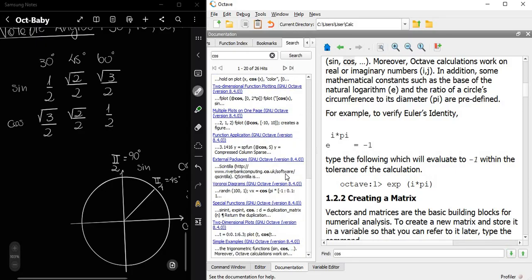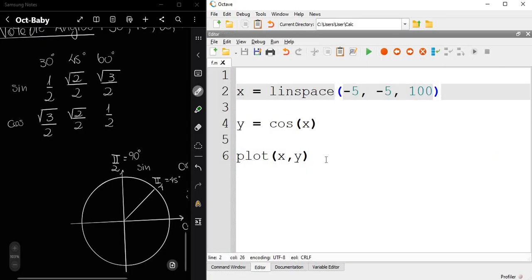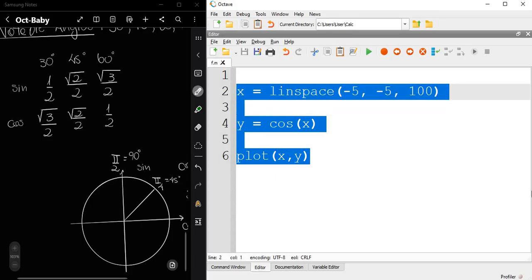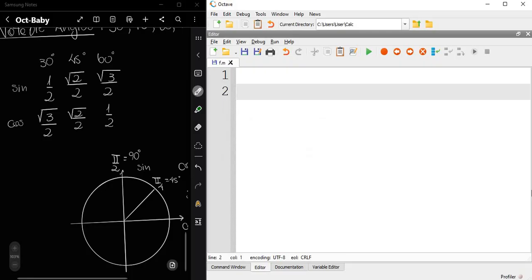Cosine. Okay, let's do it by ourselves, and in the next video, as we are starting to work with these functions, Octave is perfect for this type of function and offers a lot of resources that we can use.